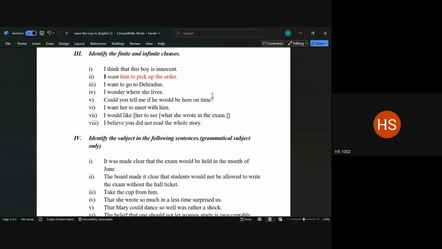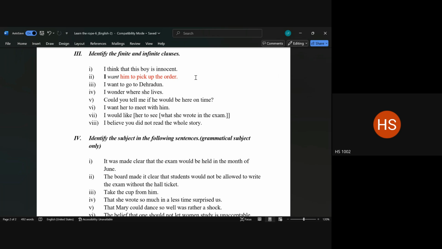Now, is this finite or non-finite? Him to pick up the order. Ma'am, non-finite. Why is it non-finite? Because tense is not visible in the sentence, and we have the to-infinitive form, to pick up.